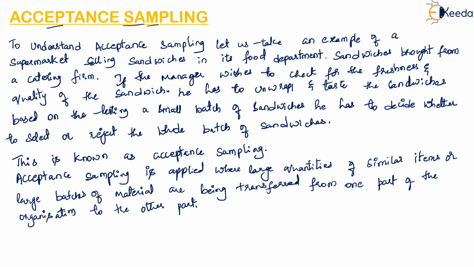In statistical process control, we have seen that the purpose is to check production as it proceeds.